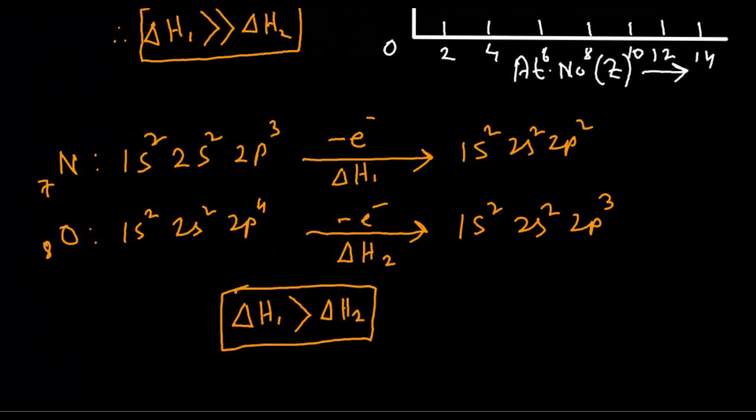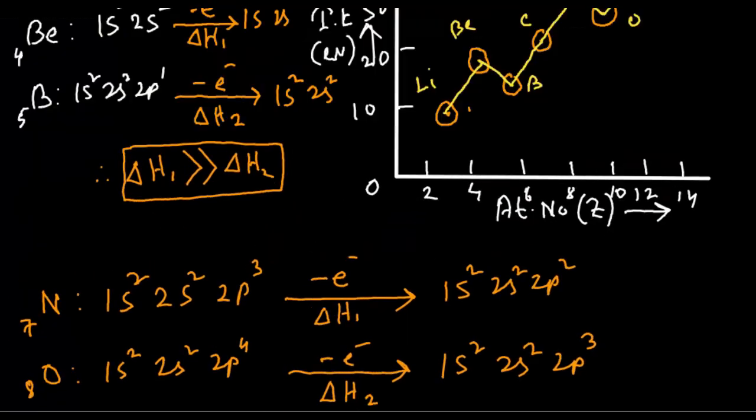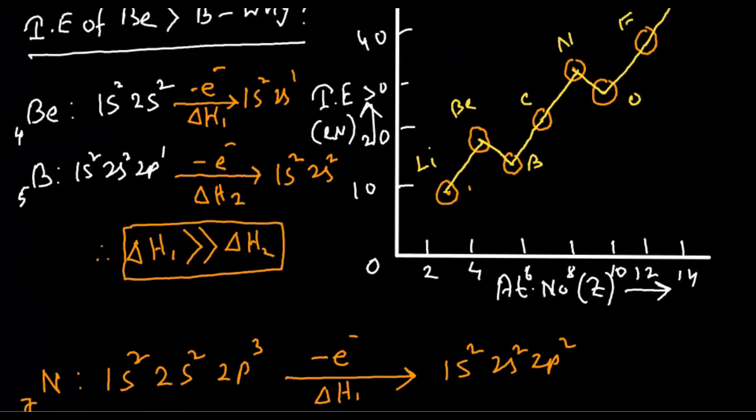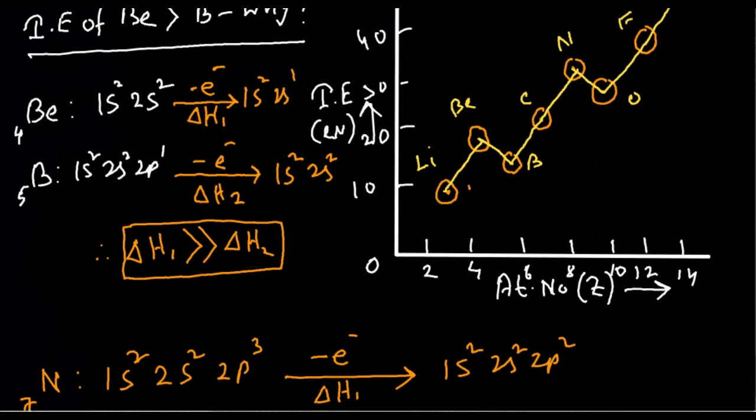So this is the reason why in the graph this sort of an anomaly arises. For nitrogen, the ionization energy value is slightly higher as compared to that of oxygen. Okay, so this is the exact reason, right?